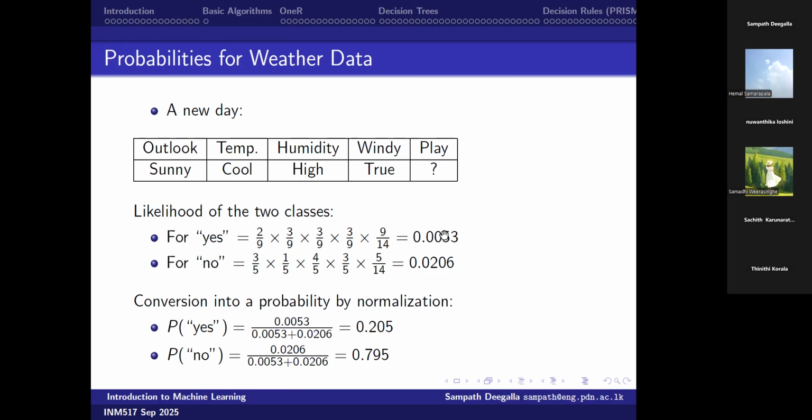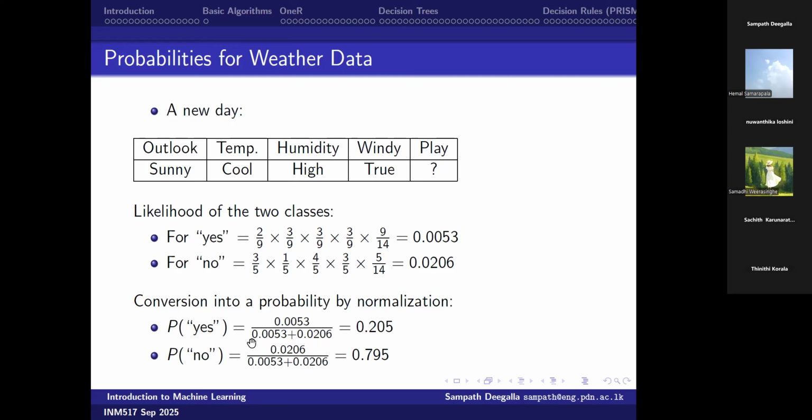You get the value and divide by the total of both. So the probability of class yes is its value divided by the sum of both. Then for no as well, you get the value for no and divide by the total. These are probability values. If you look closely, these two numbers add up to 1, so these are probabilities.